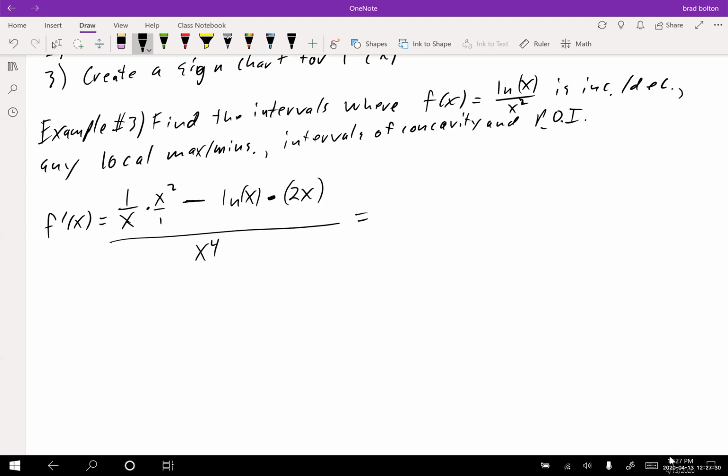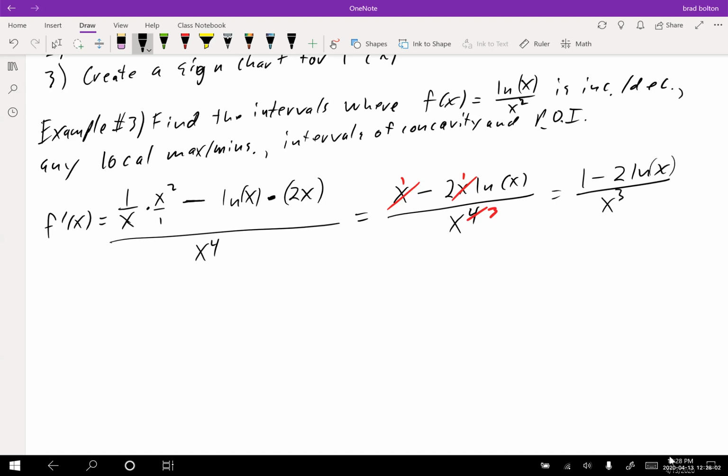Well, we see that that is actually going to be x minus 2x ln of x all over x to the fourth. So hopefully you guys can see we could factor out an x and cancel it. So this would be an x gone, this would be an x gone, so there'd be 3, that'd be a 1, that'd be a 1. So our cleanup of this would be 1 minus 2 ln of x all over x cubed.